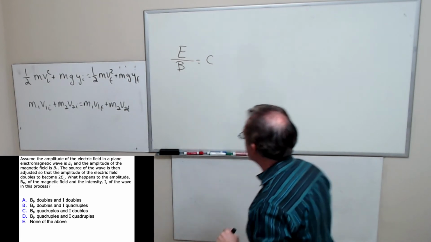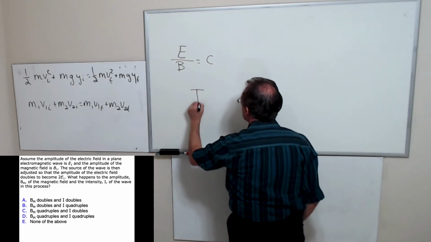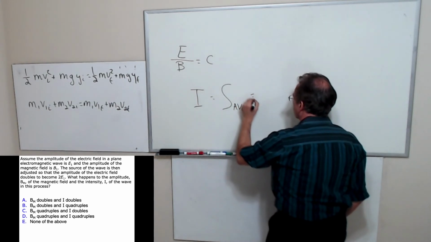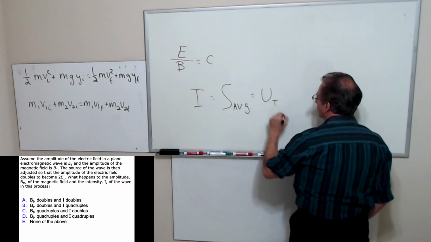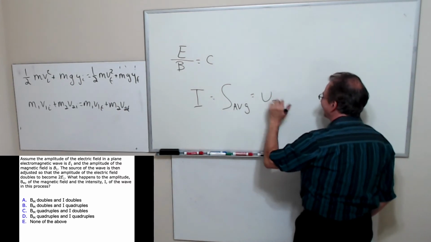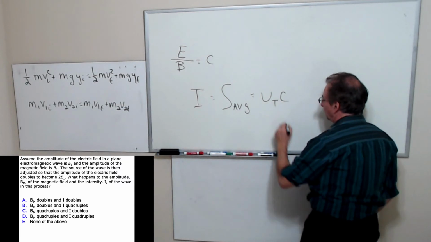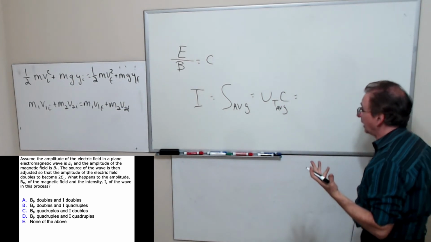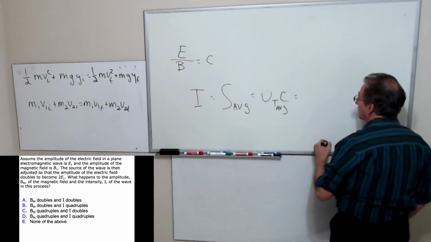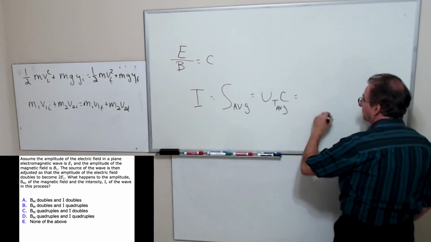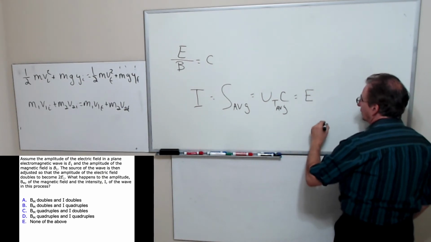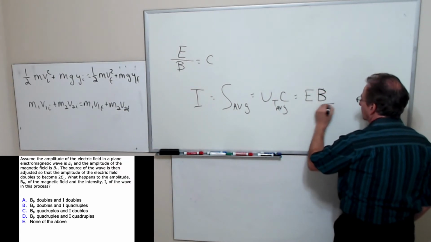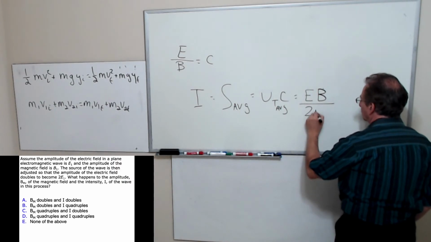Now, what does the intensity depend on? The intensity is equal to S average, which is equal to U total, small u, times the speed of light. And in fact, this is the average value, which can be written a number of ways, because it can be written as E times B over 2 mu naught.